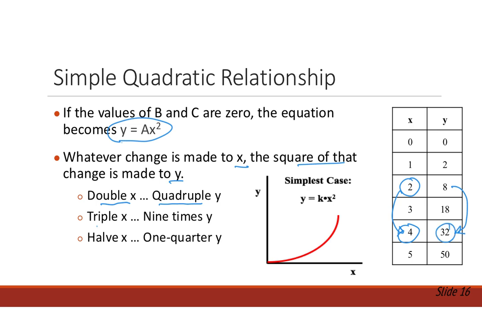The same thing works if you triple x: you end up with 9 times greater value for y. Or if you halve x, there's only 1/4 the value for y, because that would be 1 over 2 times 2, or 1 over 4, so 1/4 the value.